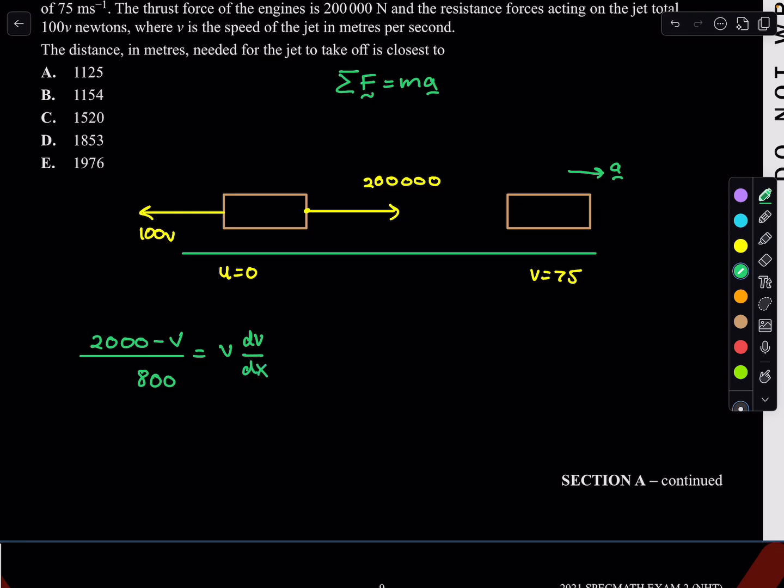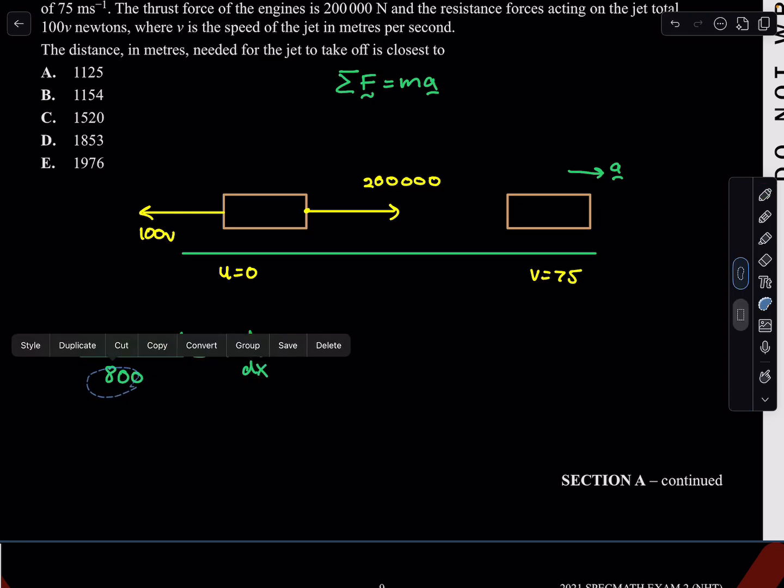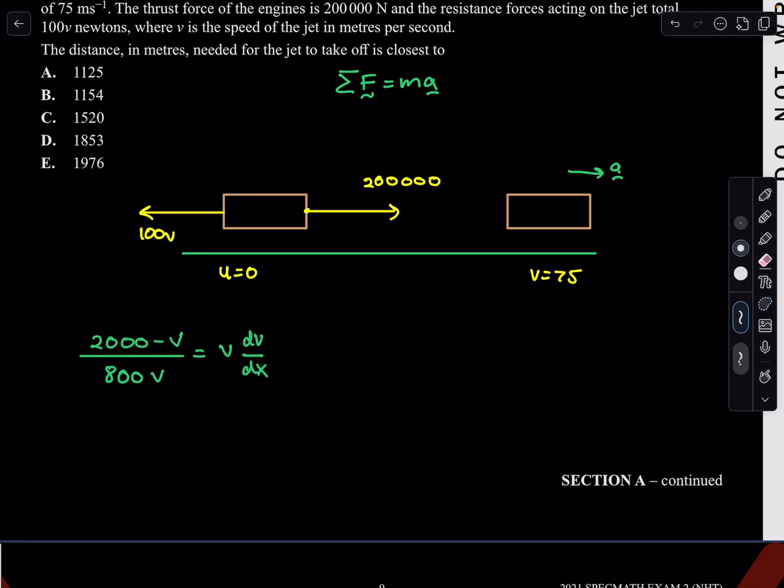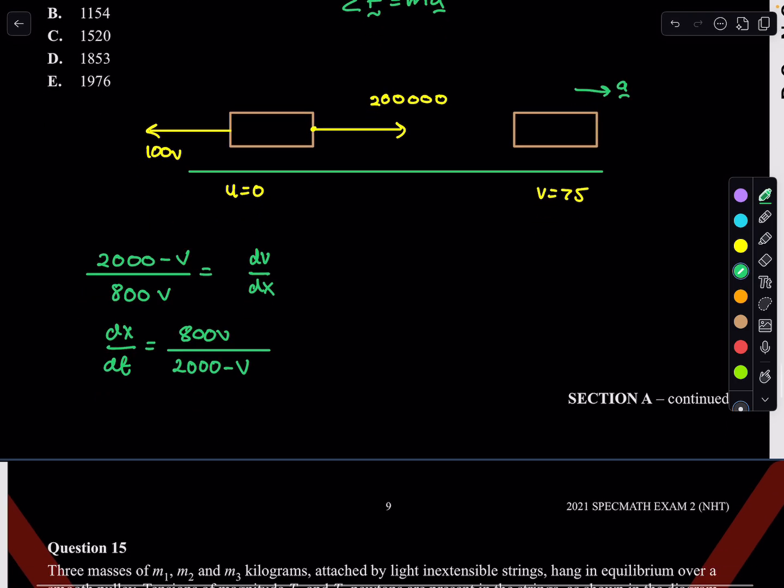If I multiply by 1 over v on both sides and then reciprocate, I get dx over dv equals 800v over 2,000 minus v.